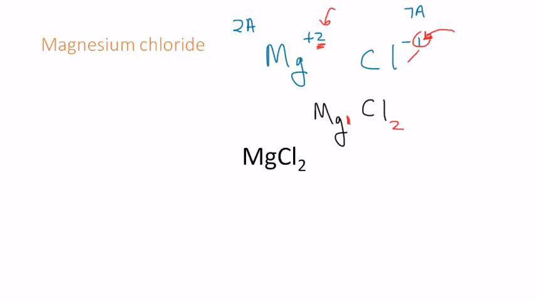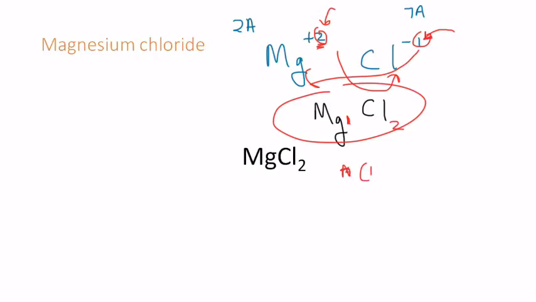So it goes like this, crisscross applesauce. And if you were to do a quick test, we have 1 magnesium, it's a +2, and we have 2 chloride ions, and they are -1. So that's 0. That's awesome.